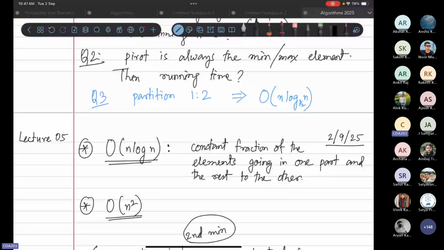Whereas if I have constant number of elements, the same constant number of elements. Oh, it's still not okay. Let me just check what I can.